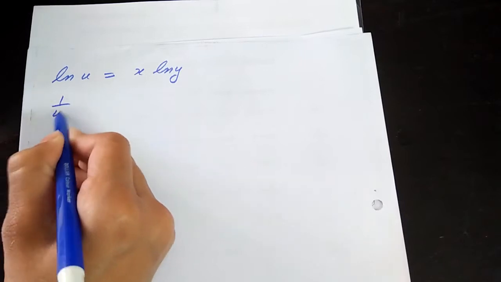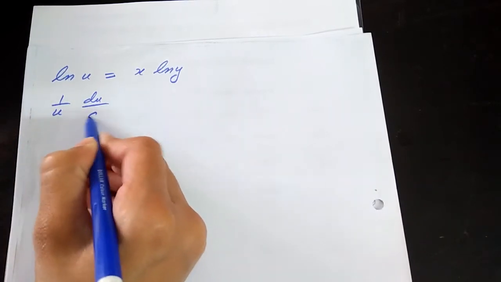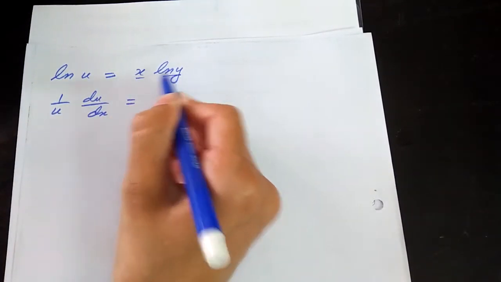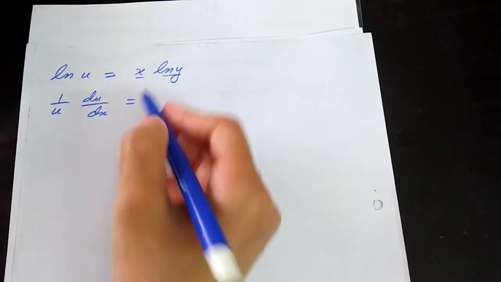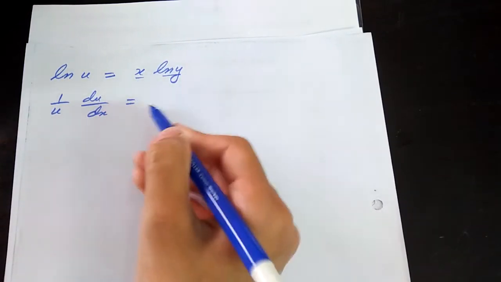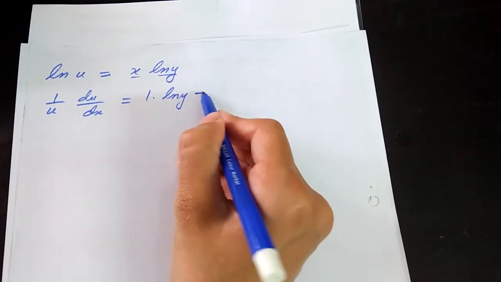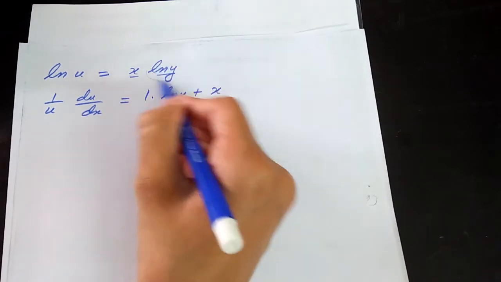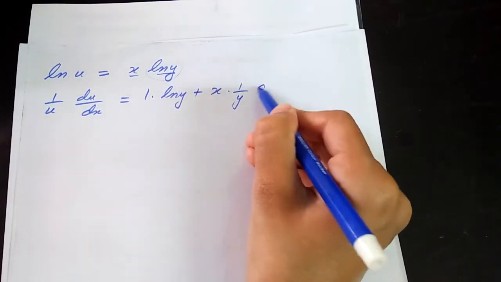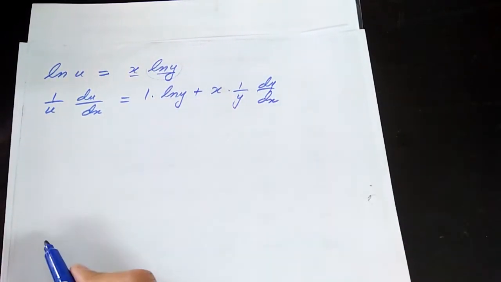Now take the derivative. Ln u will give us 1 over u du by dx equals. Now we have a product of two functions here, so use the product rule. First of all, take the derivative of x, this will give me 1, times the second function as it is, plus the first function as it is, times the derivative of the second function, that is 1 over y dy by dx.